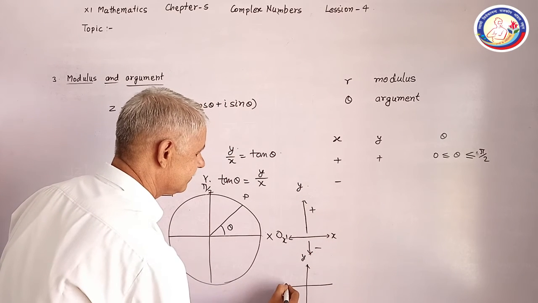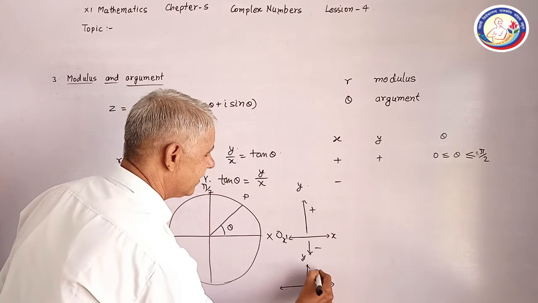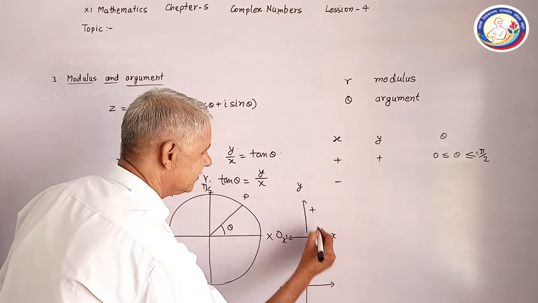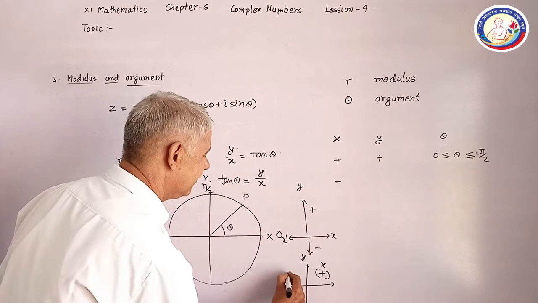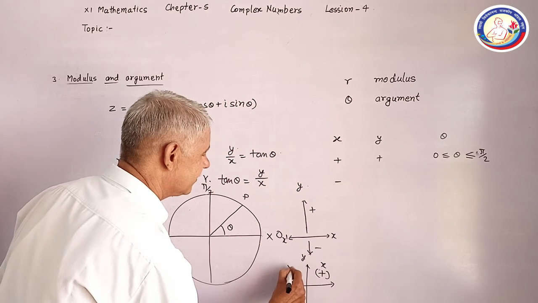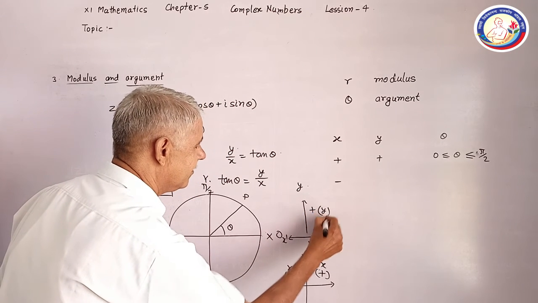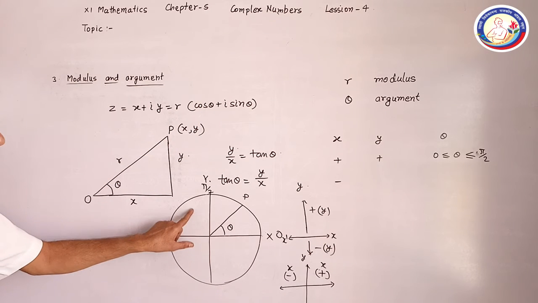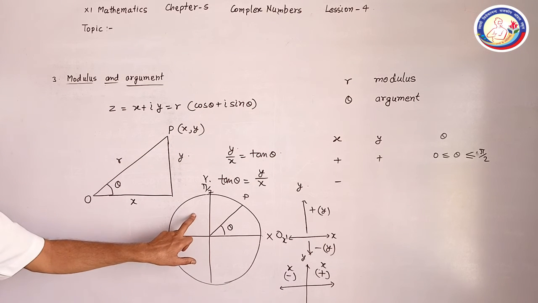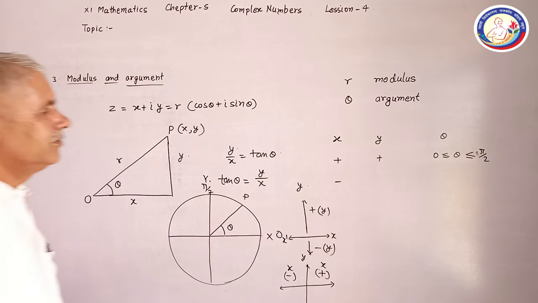Now here see, x is positive towards this side, and here it will be negative. So in this part, x will be negative and y will be positive.